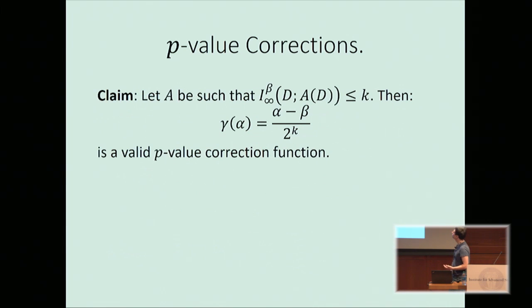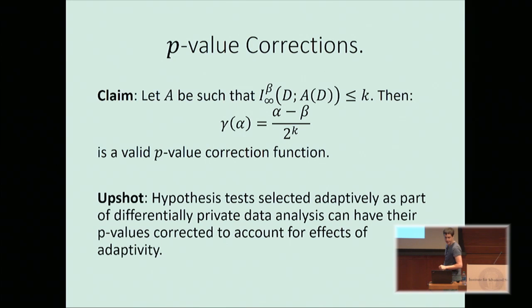Okay. So what is almost immediate from the definition of max information is that if the selection procedure satisfies an approximate max information bound of k, then essentially simply dividing my significance level by 2 to the k results in a valid p-value correction function. Okay? So just putting it all together, if you're selecting hypothesis tests now, these can be arbitrary hypothesis tests.